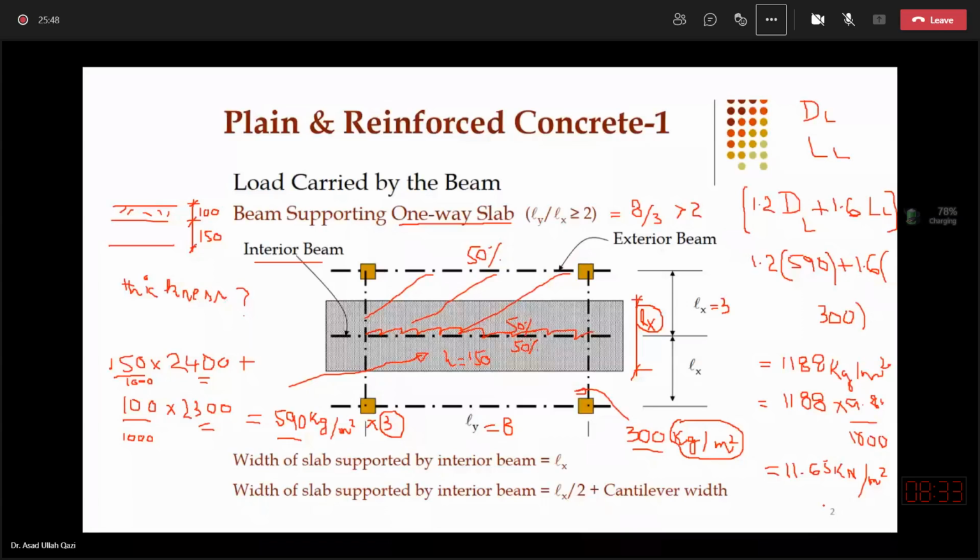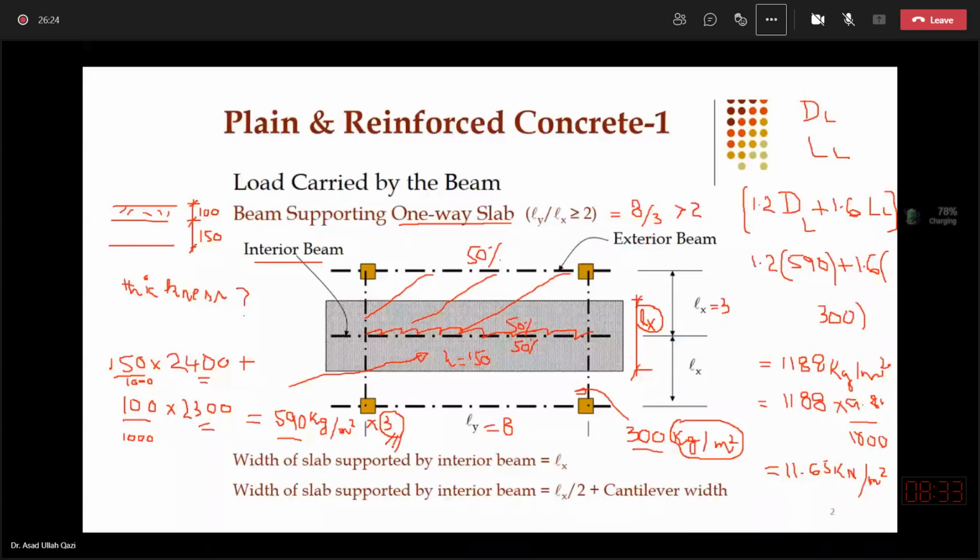So it is then decided that for this slab system we have about 11.65, or let me round up, 12 kilonewton per meter square ultimate pressure. Now I can multiply this resultant pressure with the transverse width, because I have decided based on aspect ratio that it is a one-way slab.